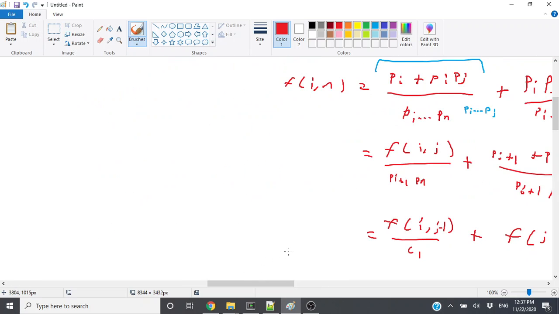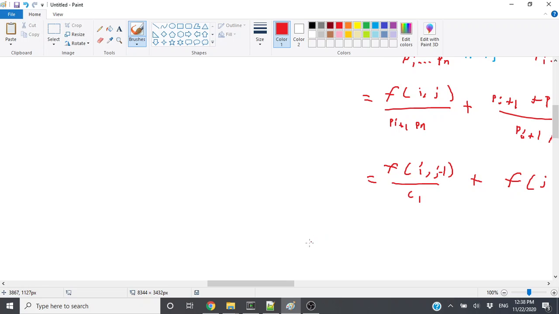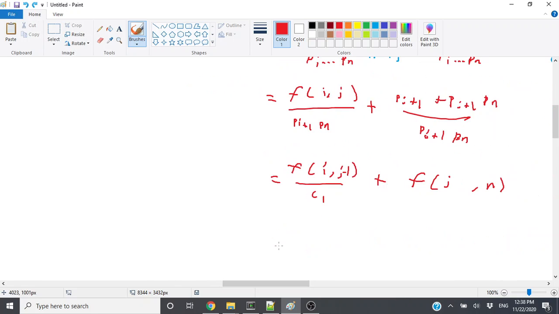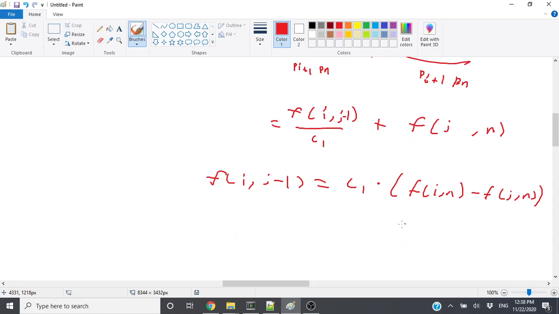So what I'm trying to solve for is this. I'm trying to solve for this as a function of only other things that are constant. So now we get that f of i j minus 1 is equal to c1 times f of i n minus f of j n, which is perfect, because this is something we can do convex hull trick on.